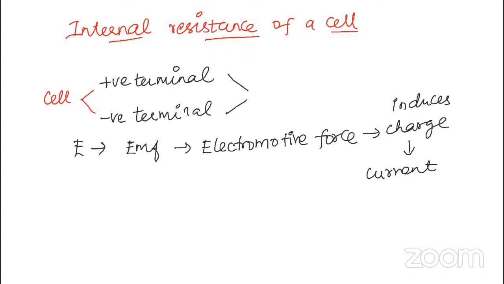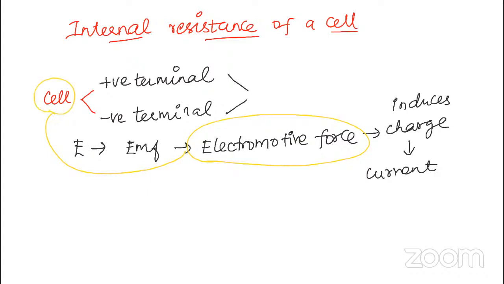Simply we are saying that current will flow because of the electromotive force. So this electromotive force is the main thing in our cell.